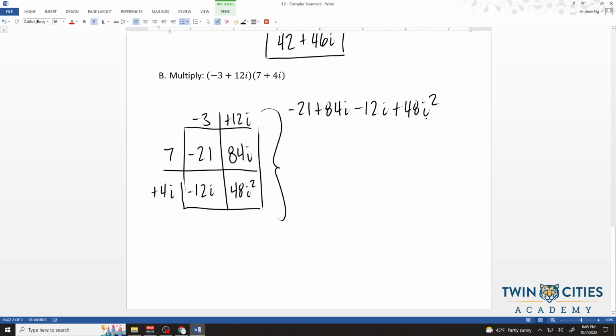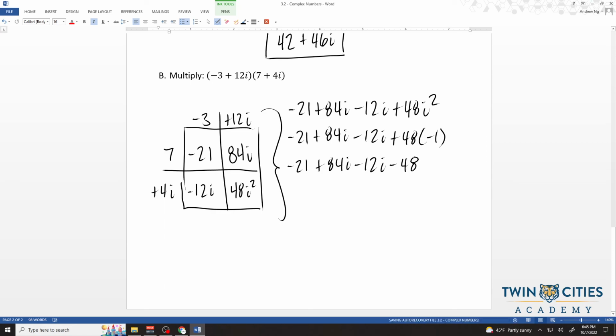Except remember, i squared is negative 1. So this is negative 21 plus 84i minus 12i plus 48 times negative 1. And then just make this 48 times negative 1. Well, that's negative 48.